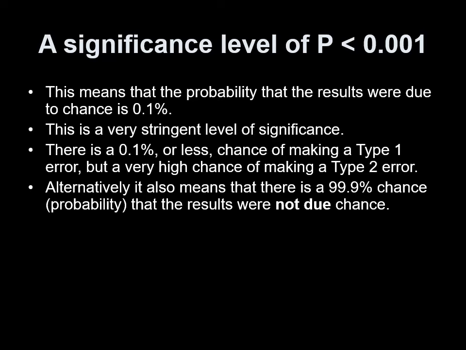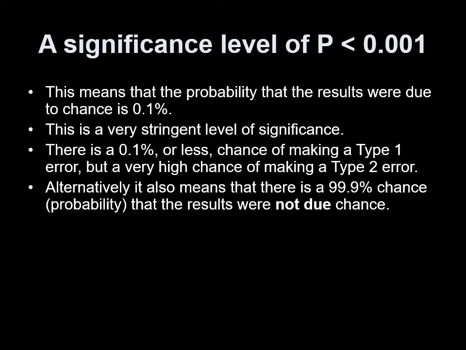So if you want to be absolutely sure that you have a demonstrable, serious influence of your IV on your DV, you could test to this level. So, for example, if you were testing drugs, and whether they cured cancer or coronavirus, keep it topical, you might want to test to a 0.001 level, because you don't want to be going around giving people drugs that actually don't work because you've got your testing wrong.